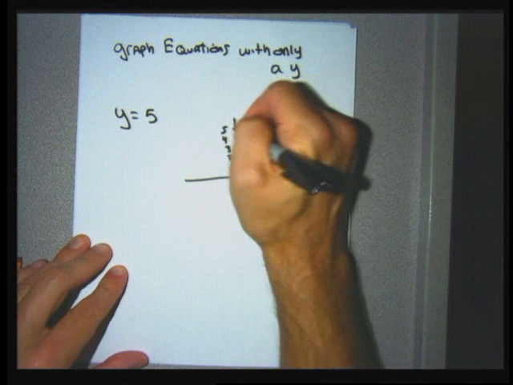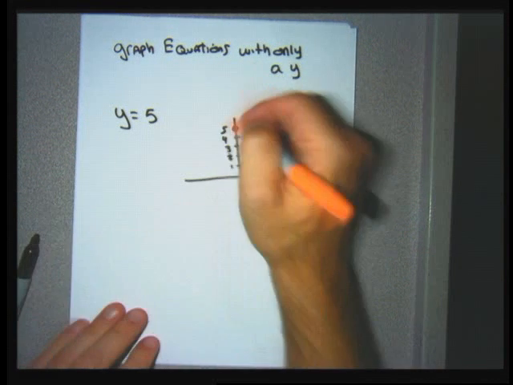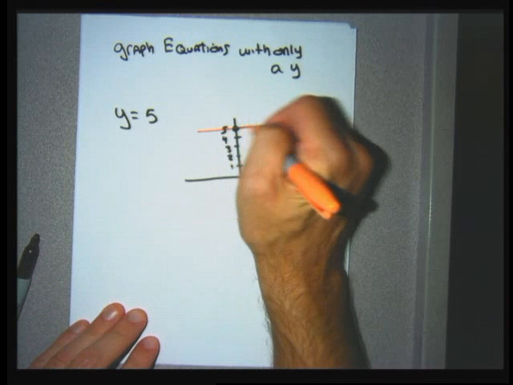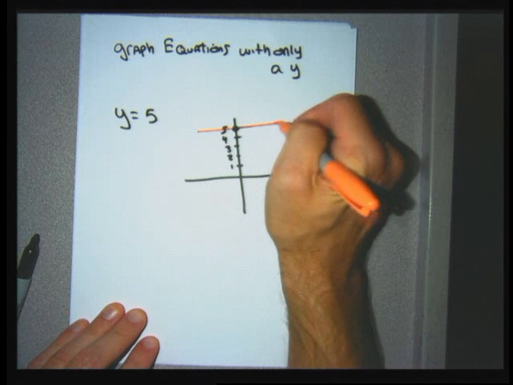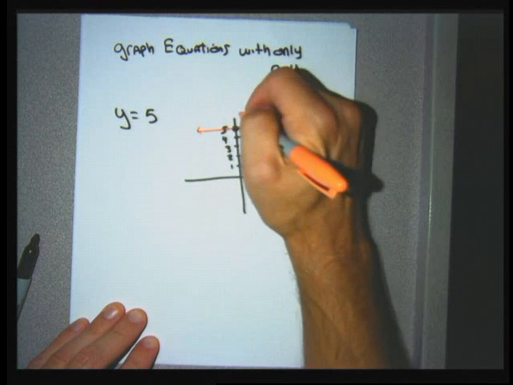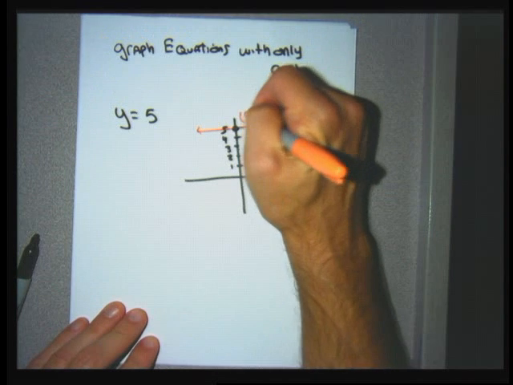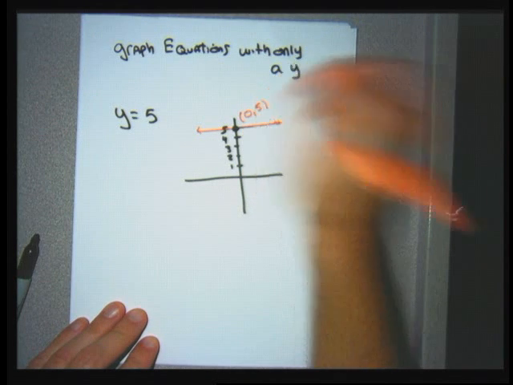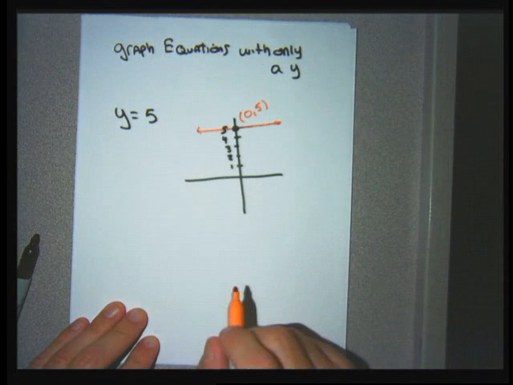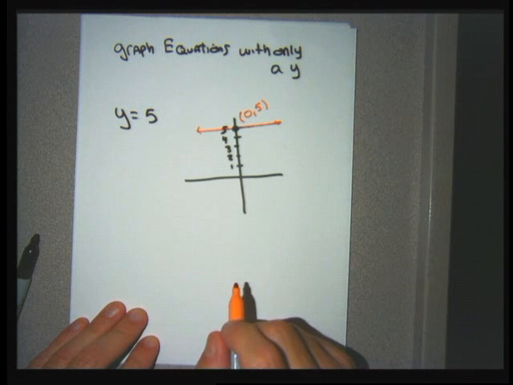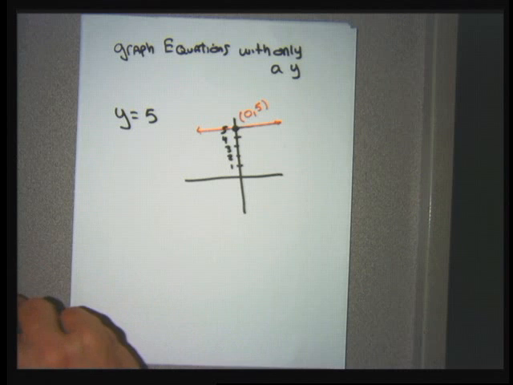I like to label the intercept. In this case, there's a y-intercept at the point 0, 5. I wouldn't need to draw any additional points on this, but I could if I wanted to.